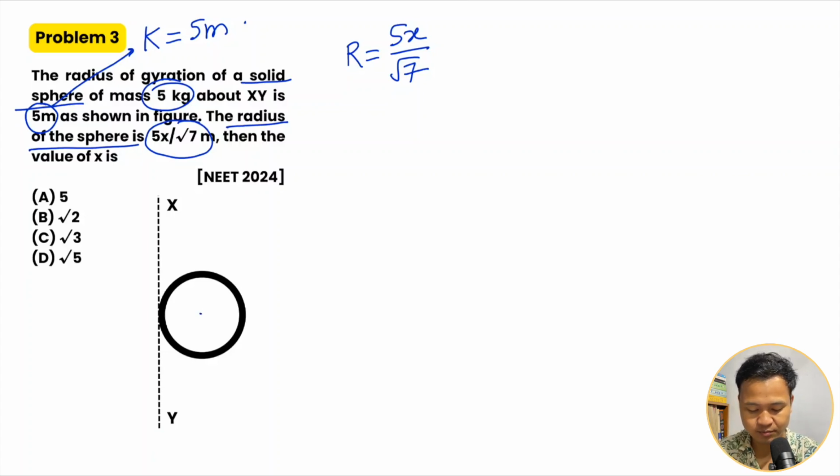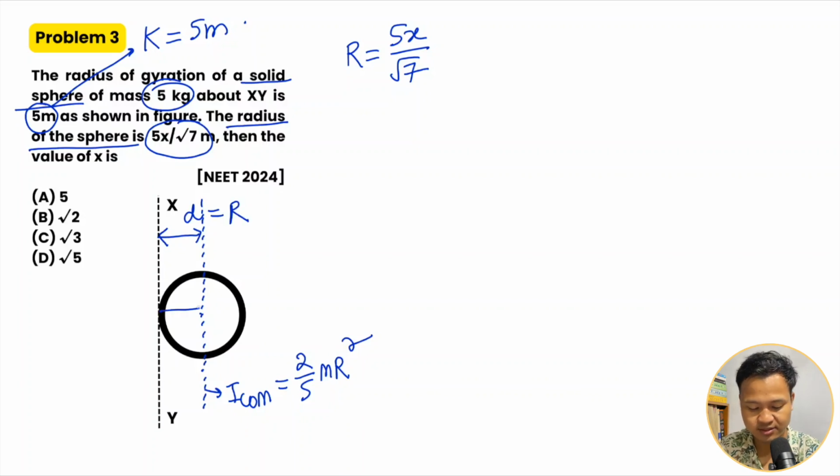About the center of mass I draw an axis, passing through the center of mass. The solid sphere has I_COM = 2/5 mr squared, and d is the distance between the two axes, which is the radius r.